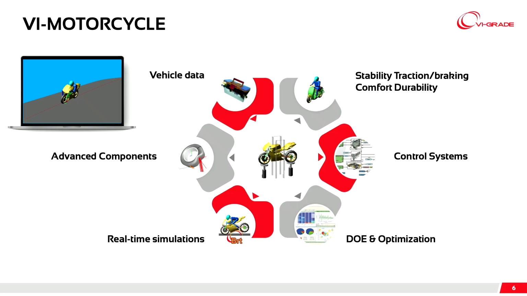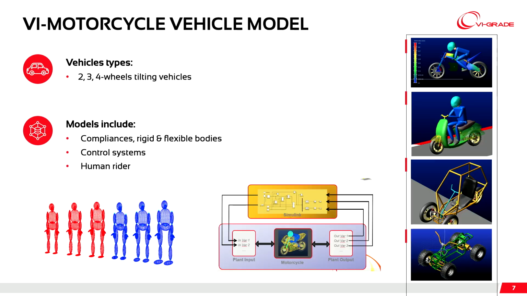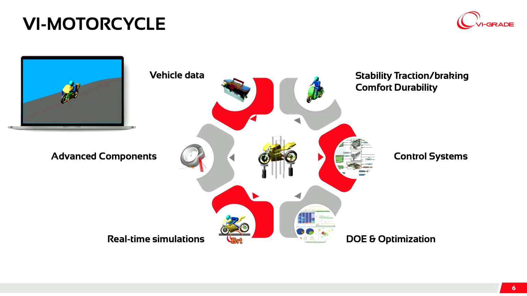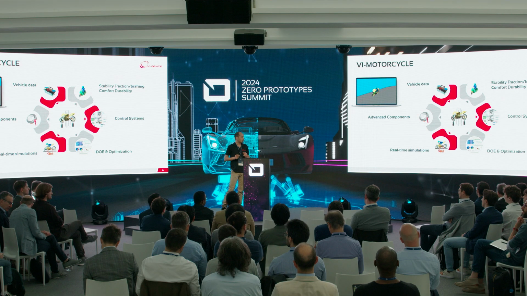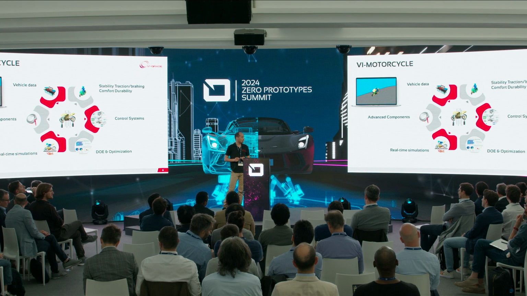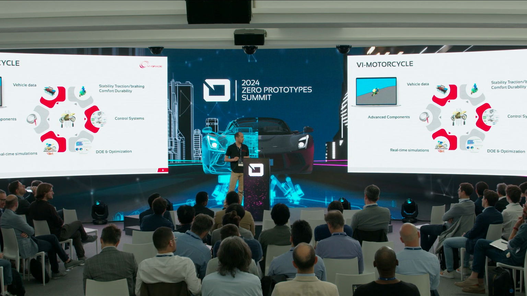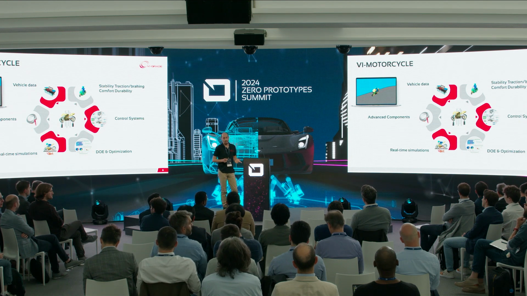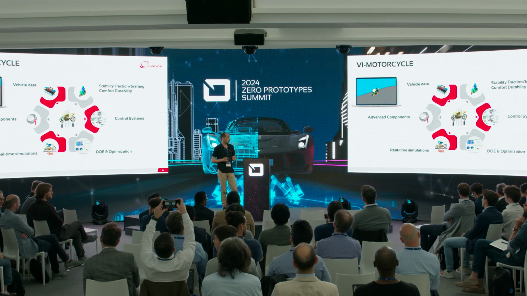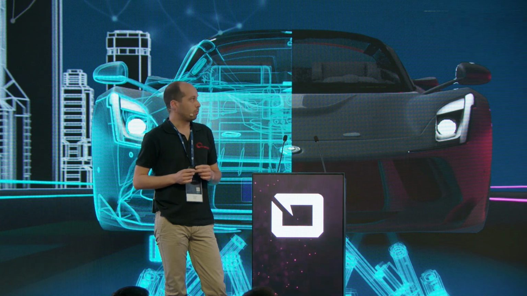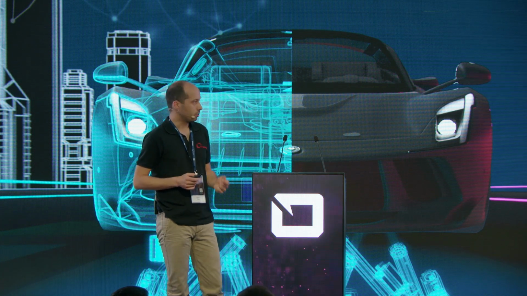The concept is to have a unique model that you can use to run all the simulations that you want. The concept with VI Motorcycle in general is to have a single model, and with this model you may want to run handling analysis, but not only, also stability analysis or more complex comfort analysis.